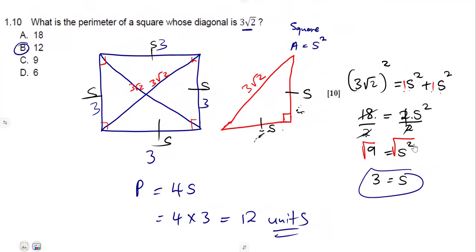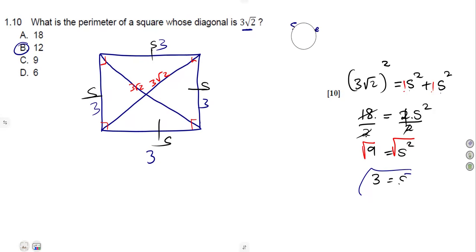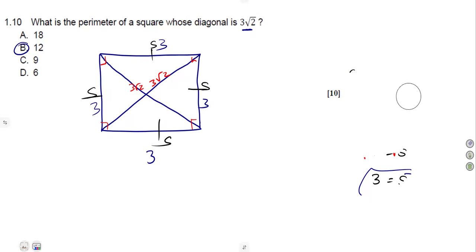Questions can be like that. You just have to understand the question and what you are given. There is another way that we could have answered. When you are given diagonals, you can work with the area.